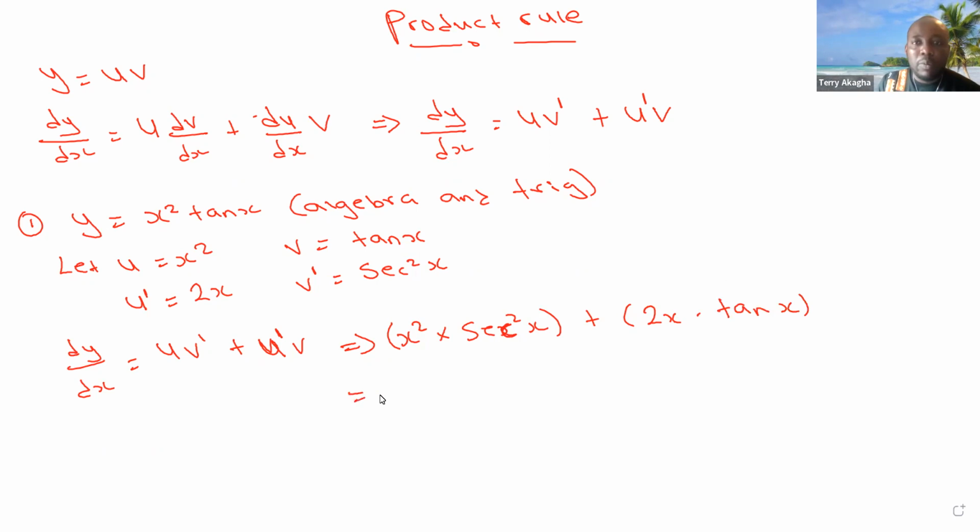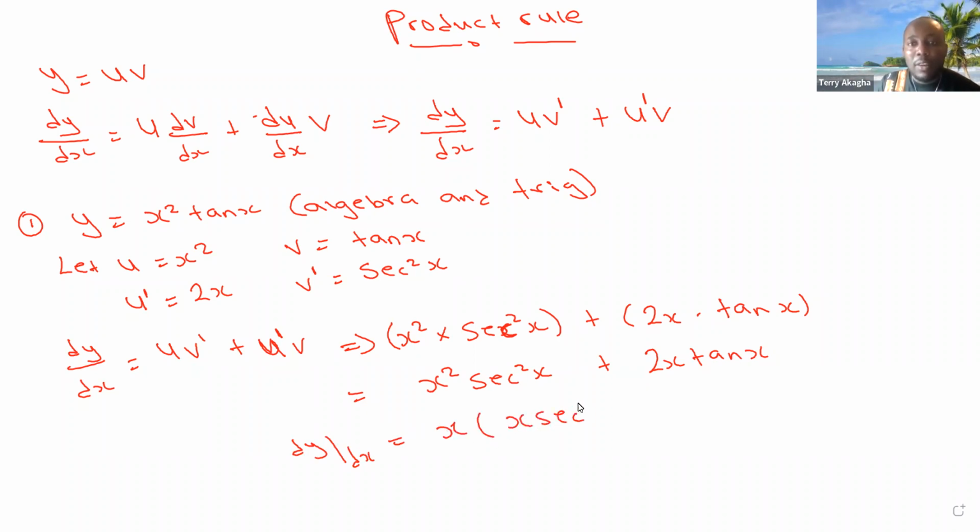So that will give you x squared sec squared x plus 2x tan x. I can further simplify if I want to. x is common, so dy over dx is going to be x sec squared x plus 2 tan x. And that will be the answer for that.